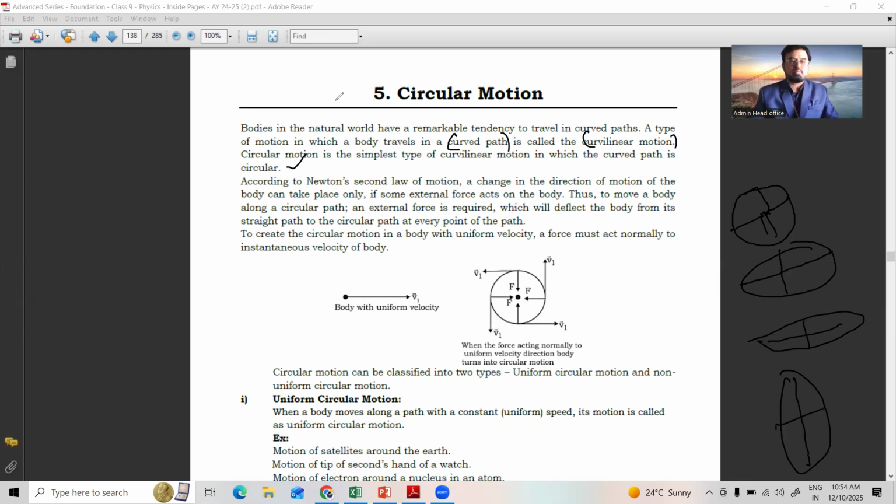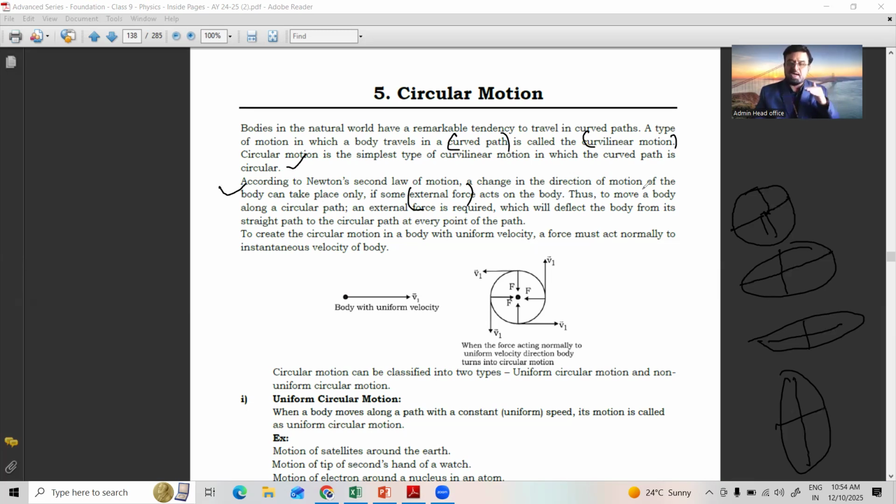According to Newton's second law of motion, a change in the direction of motion of a body takes place only if some external force acts on the body. So, without application of force, a body can neither move from rest, nor come to rest, nor change direction.